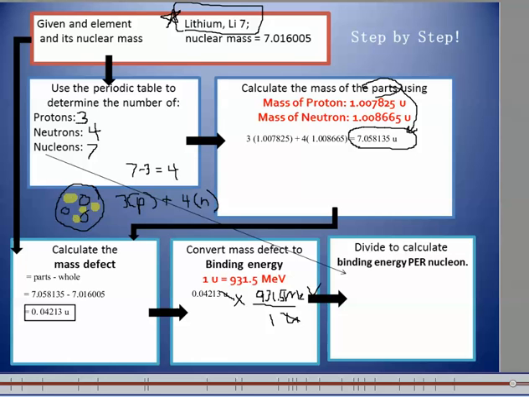So it's just a matter of taking 0.04213 times 931.5 and getting a number for that. And that's 39.244095. And the units are mega electron volts.